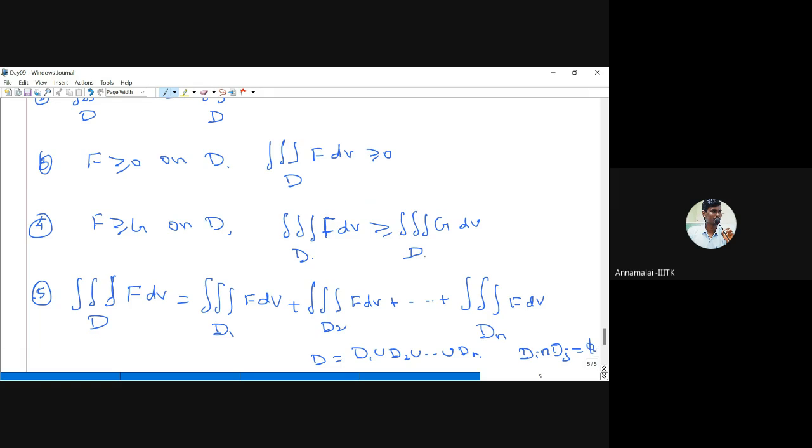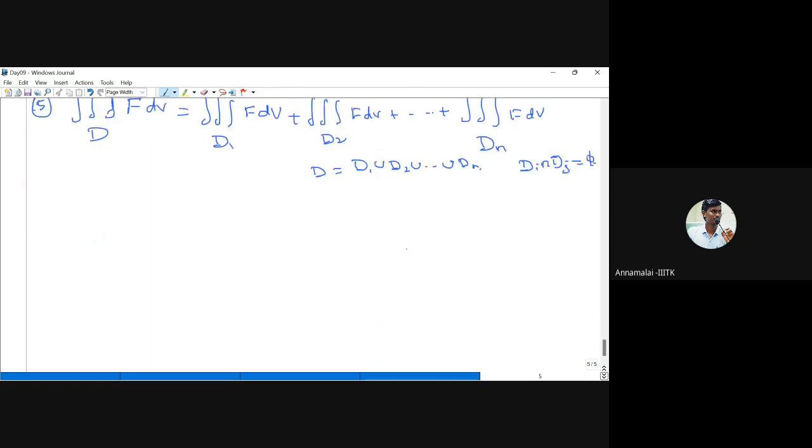Okay. So the same thing. Now similarly we define the volume. In two variables we defined the area by taking f of x comma y equal to 1. So here if you take f of x comma y comma z equal to 1, the integral is defined to be the volume of the region.